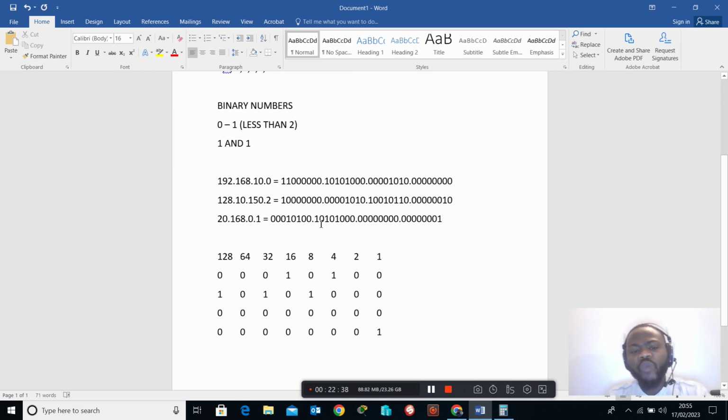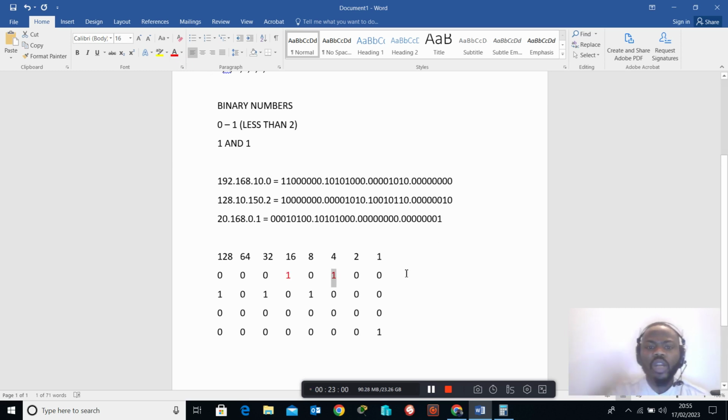Now, if we want to do binary to decimal, it's very, very simple. So what I'm going to do is change all this color to red, and I'm going to change this to red.